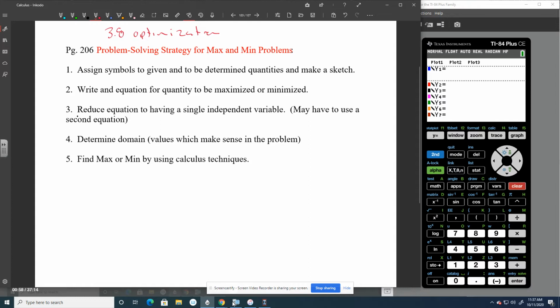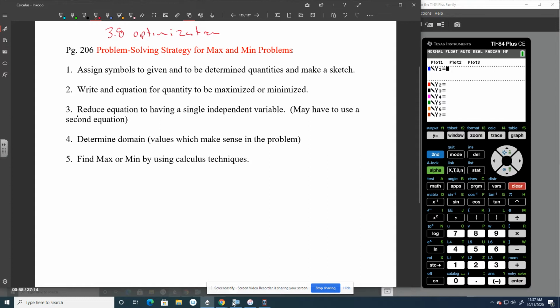So all we're doing today, I think we've got 3 story problem examples for you. And we're going to be trying to set up an equation. So the steps right here, you can write them down if you want, but this is just kind of what we're going through. We're assigning symbols to different things in the story problems, variables that we're using to determine the quantities. You can make a sketch if you need to.